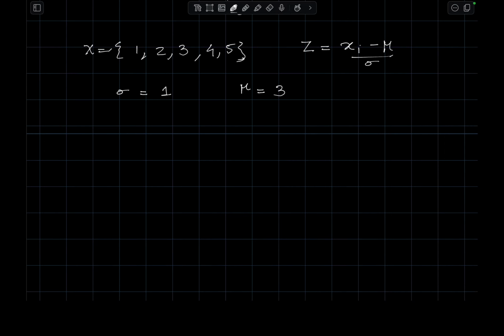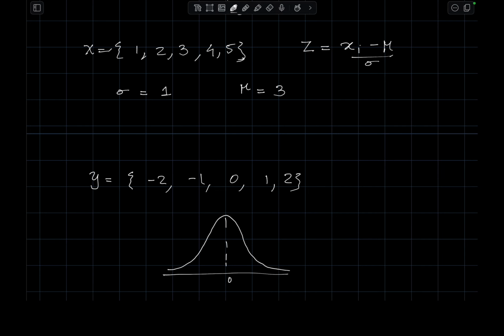So if we do the transformation, the y values, which are the Z scores or the Z transformed x values, are nothing but minus 2, minus 1, 0, 1 and 2, and the distribution will be looking like this, with mean 0 and standard deviation 1.